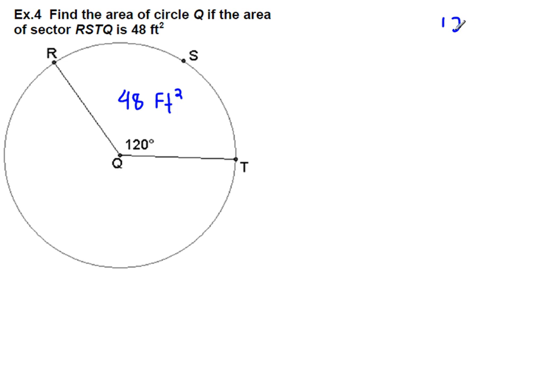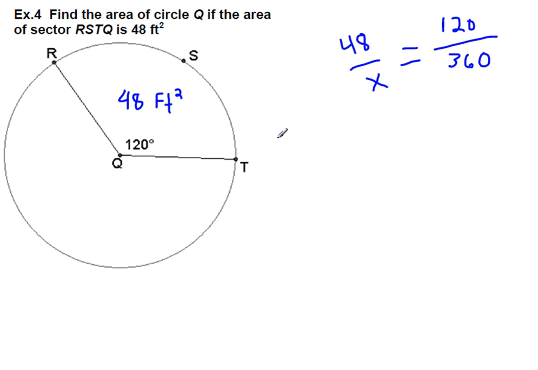Maybe start with 120 over 360. Now you might notice 120 over 360, this sector is 1/3 of the circle. It's 1/3 of the full circle. So the area of that sector, 48, is going to be 1/3 of the entire area. You might think about a different way of doing this than setting a proportion, but this is kind of the straightforward way of doing it.